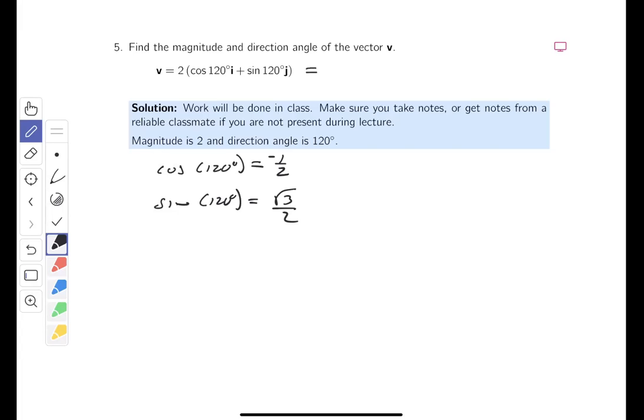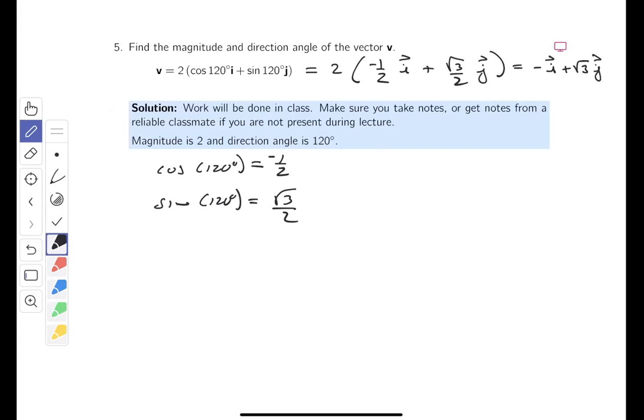Now, if you multiply this out, what would you get? Well, you would get 2 times the cosine of 120 is minus 1/2. That's vector i plus root 3 over 2 vector j. All right. And what would you get over there? Minus i plus root 3 j.